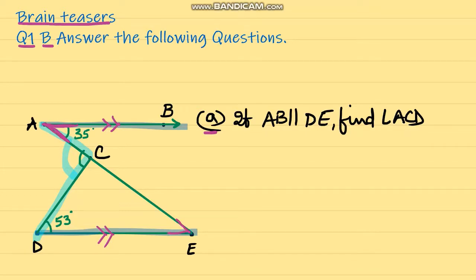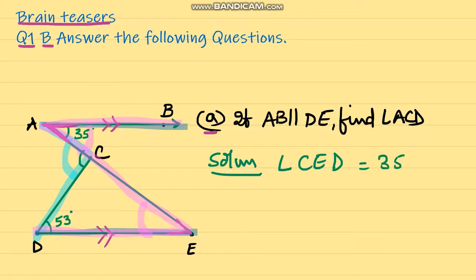If you see, you'll come to know that one Z can be drawn here. See here from B, A, E, D. So these are the angles which are alternate. So you can say that in the solution, first you can say that angle CED will be equal to 35 degree.